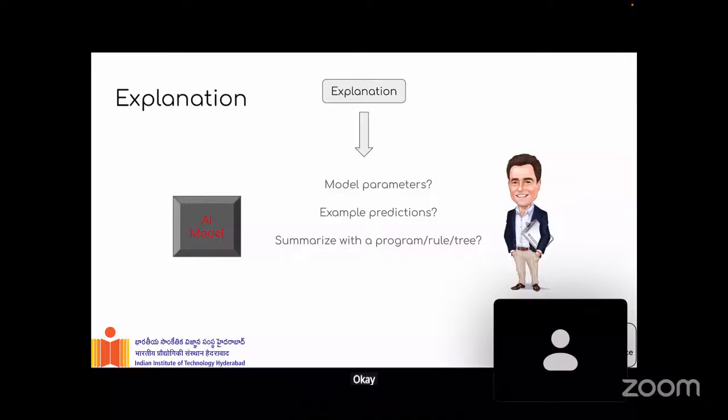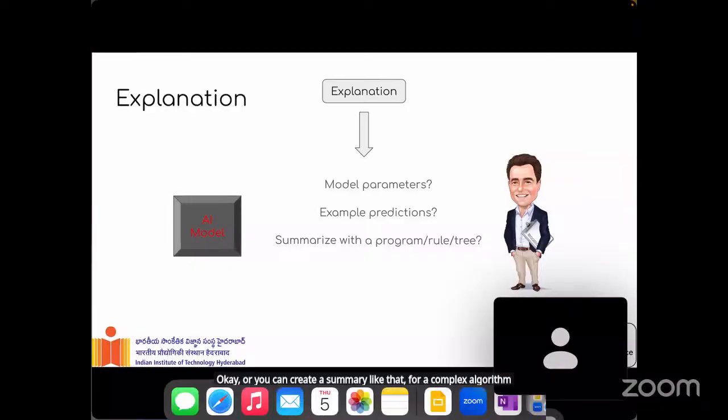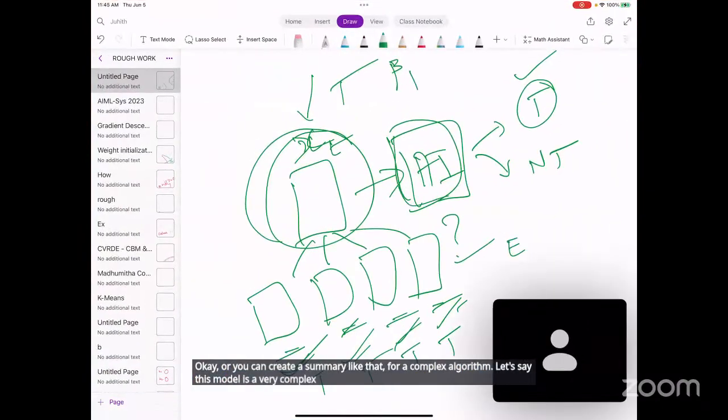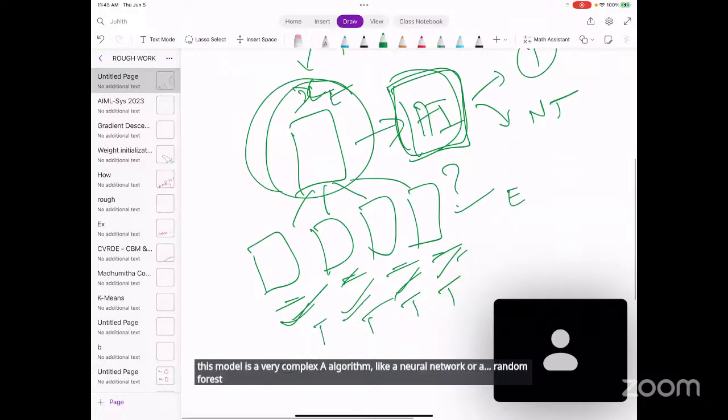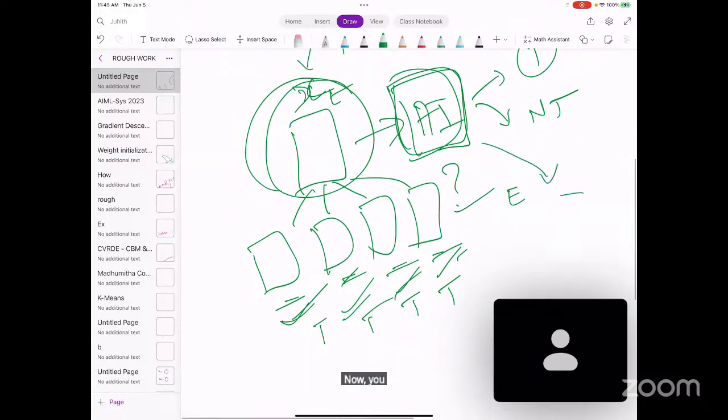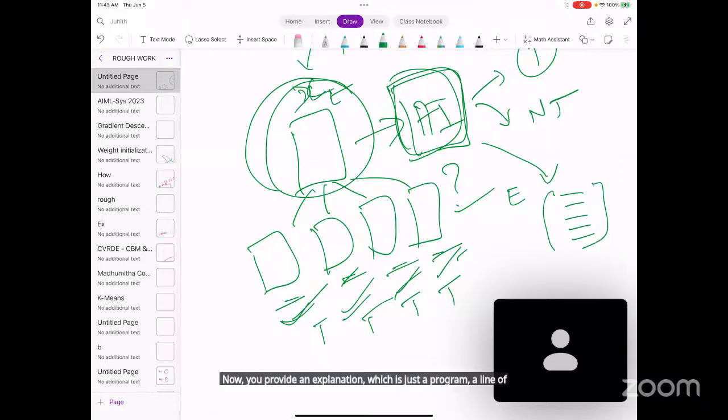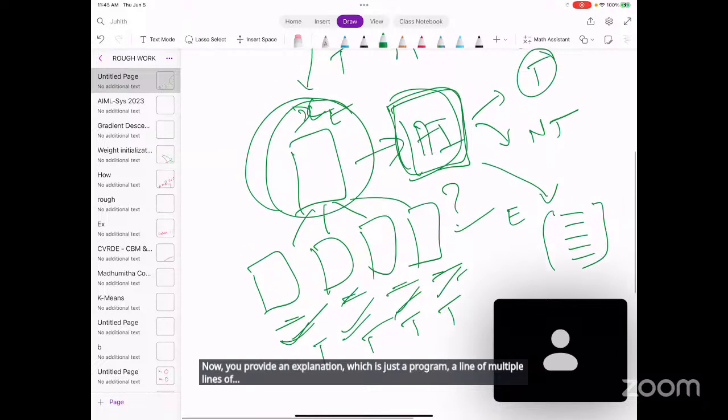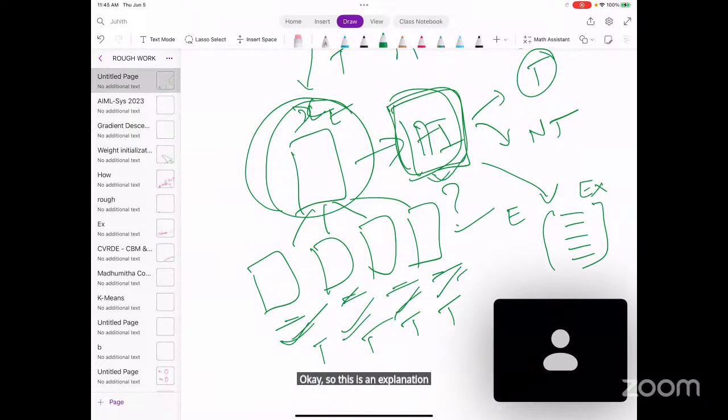Or you can create a summary like that for a complex algorithm. Let's say this model is a very complex AI algorithm, like a neural network or a random forest. Now, you provide an explanation which is just a program, multiple lines of readable language. So this is an explanation for this black box model.